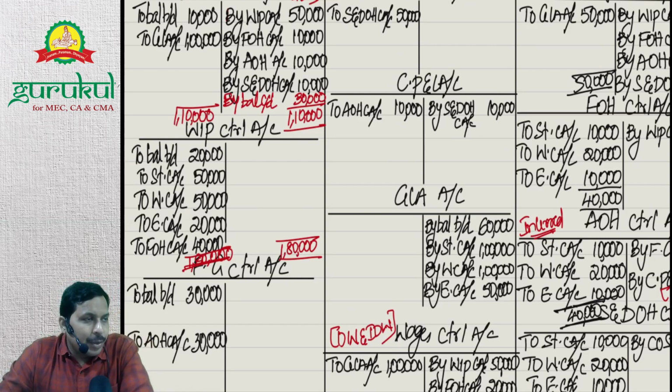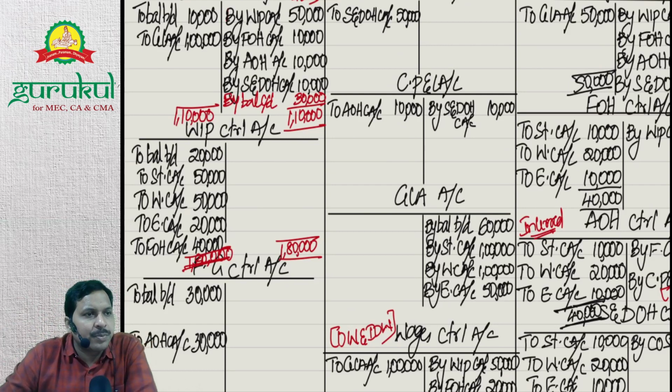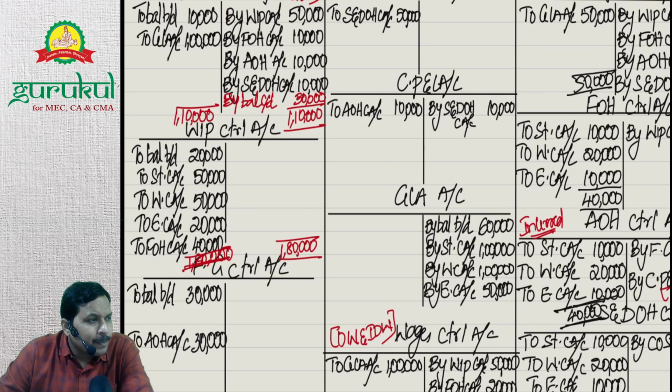Finished goods produced. First, tell me what is the impact. Finished goods produced means from where it will convert into finished goods. First, we had seen raw material issued to production, meaning raw material is converting into work in progress. Now, finished goods produced means from work in progress, it will be transferred to finished goods. Now, what is the entry?